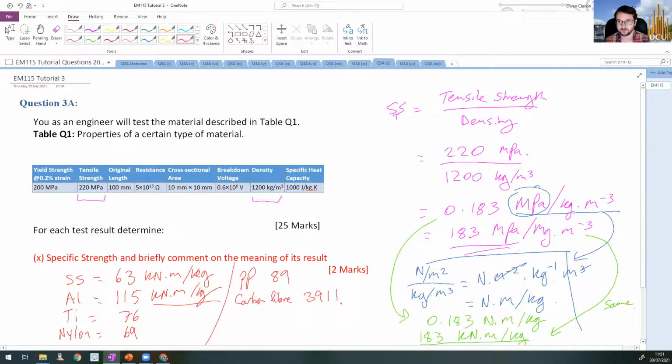Okay, so that's a very high strength to weight ratio. However, of course, it's very difficult to use carbon fiber on their own. So carbon fiber epoxy composite comes out as 785. Okay, so it's still very high, but not quite as high as that would indicate.